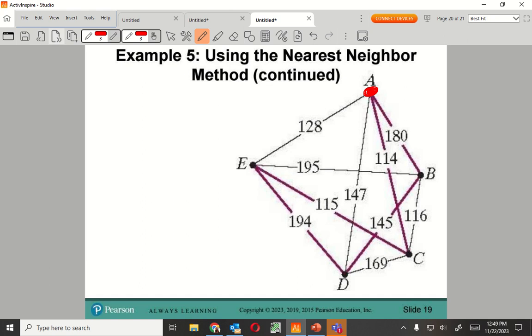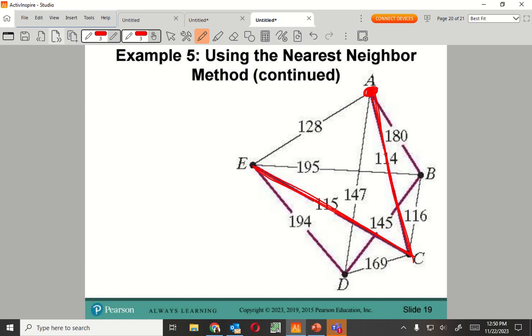So nearest neighbor, you always take the smallest, 114 right here. All right, I can't go back to A, so that means I have to look at what's remaining. Is it 116, 115, or 169? 115. So yes, it's already red, but that's why we're choosing this right here.